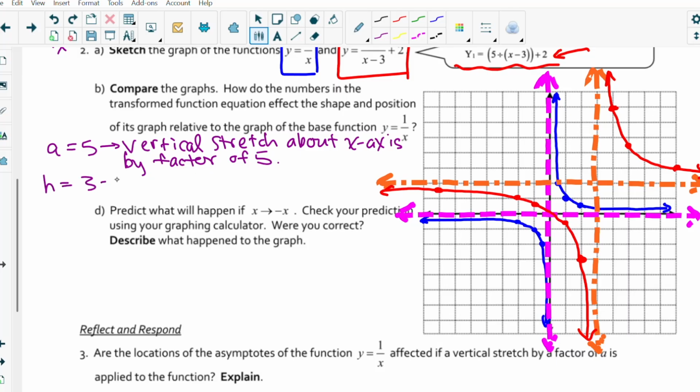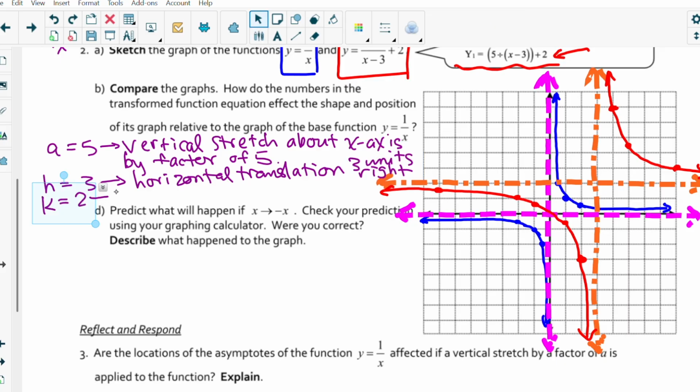h equals 3. That is a horizontal translation, 3 units to the right, and k equals 2.